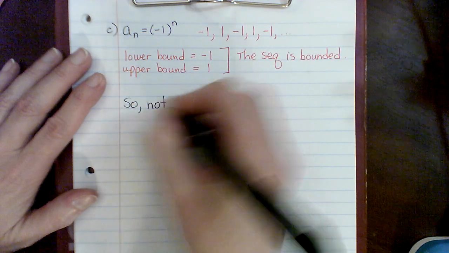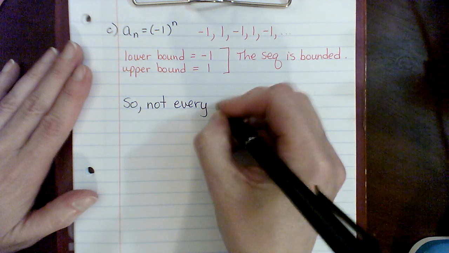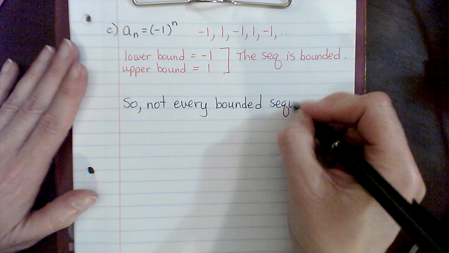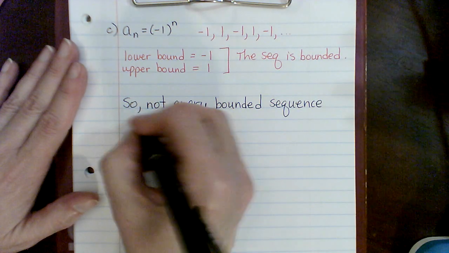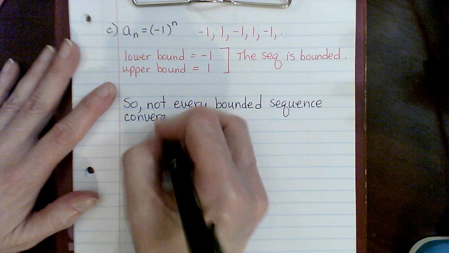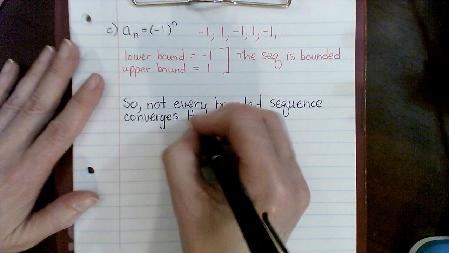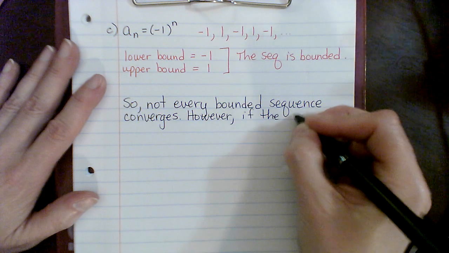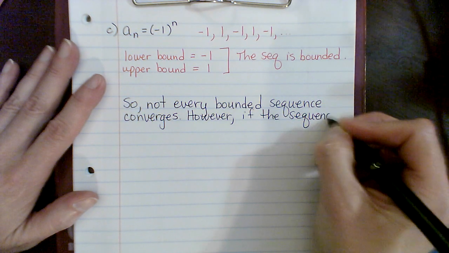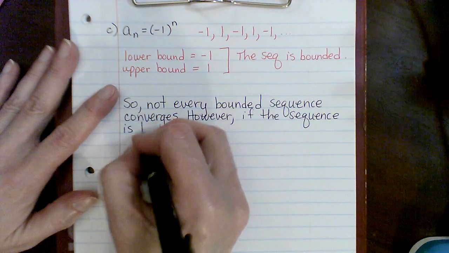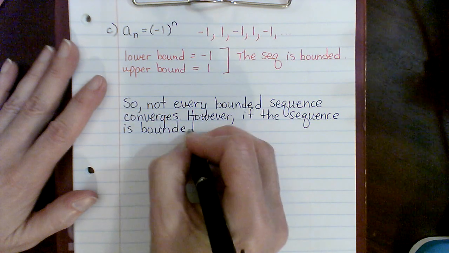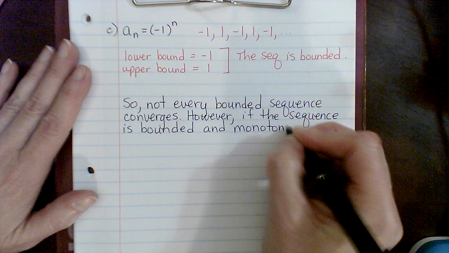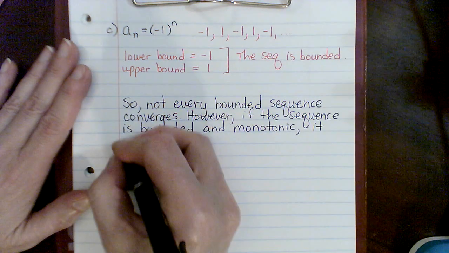Not every bounded sequence converges. However, if the sequence is bounded and monotonic, it will converge, will always converge.